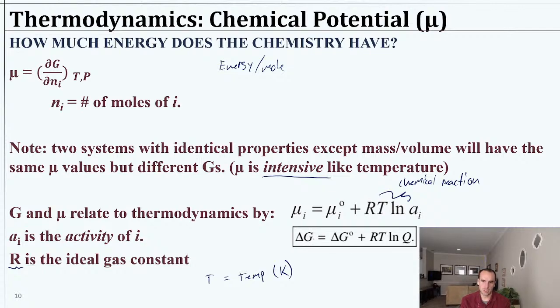So delta G would be equal to delta G naught plus RT natural log of Q. And as we'll talk about, Q is basically the reaction quotient. We described the products over the reactants and how to calculate that. That's where the Q is coming from. So we're getting there. I'm going to come back and we'll see a few more equations here, but we're working towards deriving all of that and connecting these two pieces.